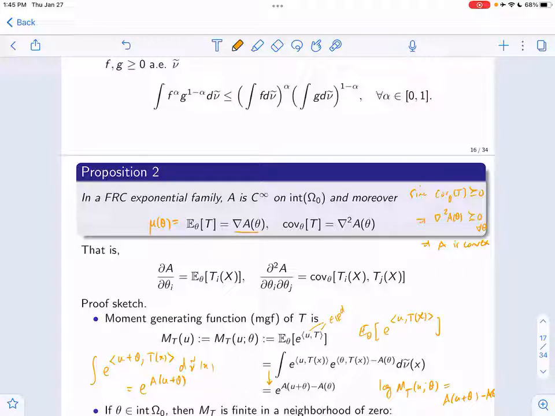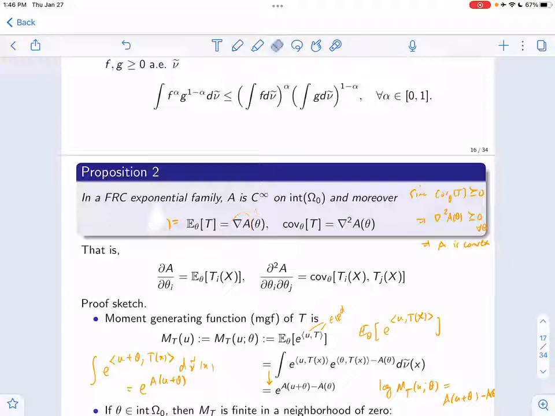You can see this because the gradient of A is going to be a smooth function of the original theta. So if I call this mu a new parameter, this mu is related to theta. And in fact, in the FRC, we'll see, or sort of wave our hands at this, that this parameterization is 1-to-1. You can invert it. So instead of working with theta, this is a nonlinear map, but it's invertible. And so I can go back between the natural parameter and the mean parameter.